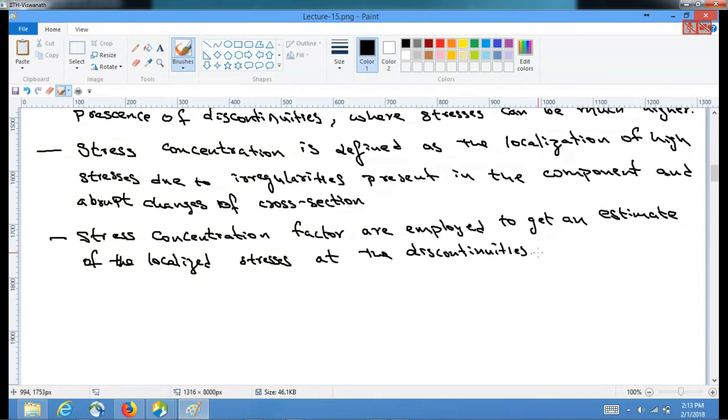Using these, we will implement those charts in designing structures with inhomogeneities. Today we will also do a couple of examples to understand stress concentration in a much better form. To start with, the causes of stress concentration.